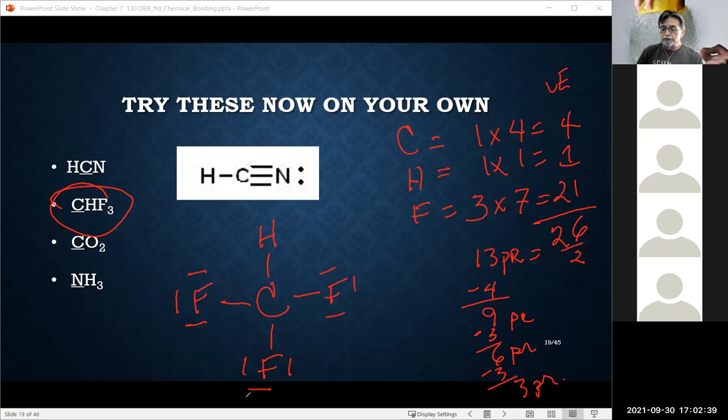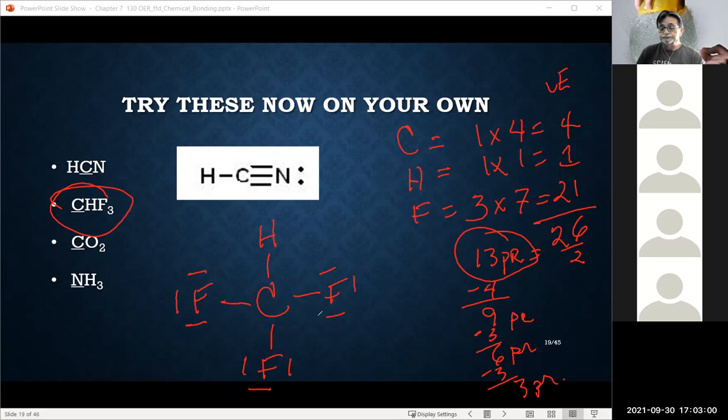Now you go double check, make sure you didn't lose your 13 pair you began with, because when you get a large number, it's feasible that as you're drawing and making lines, you end up losing a line someplace. So double check: 6 around the fluorides, 6, 7, 8, 9, 12.